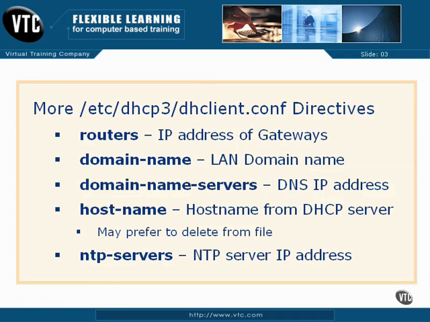The hostname directive looks to the DHCP server to assign a hostname, but if the hostname is fixed during the installation process, you may want to delete this hostname directive from the dhclient configuration file.